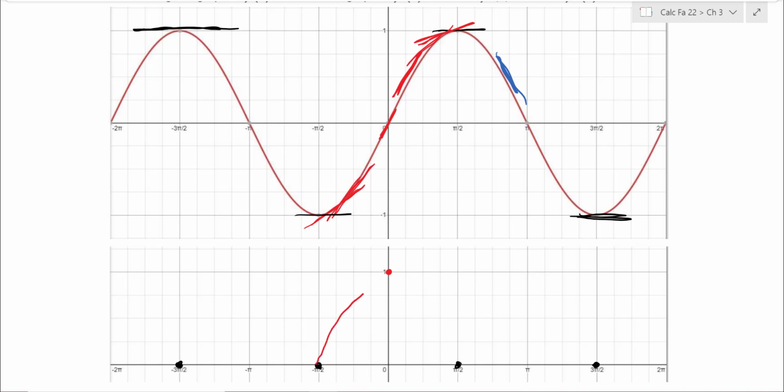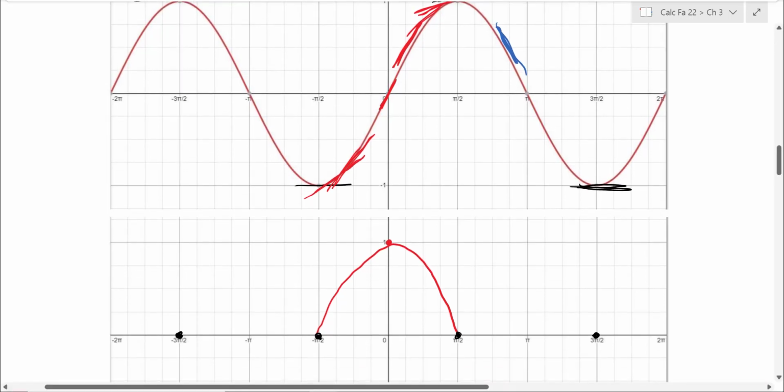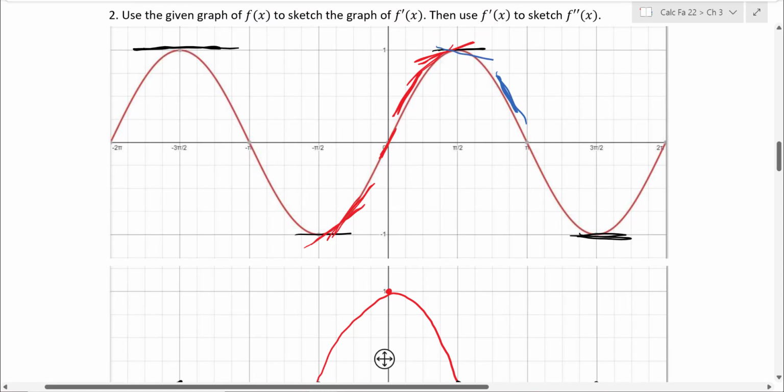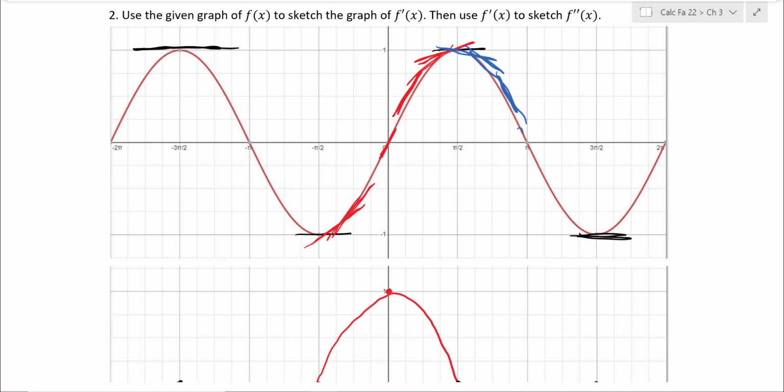So our slope is increasing to like a max of 1, and then it starts decreasing back to that next horizontal tangent at 0. And then we can draw the next piece in blue. We can see the same thing. We're close to 0 up here, and then it starts getting steeper and steeper, down to a slope of about -1 at pi.